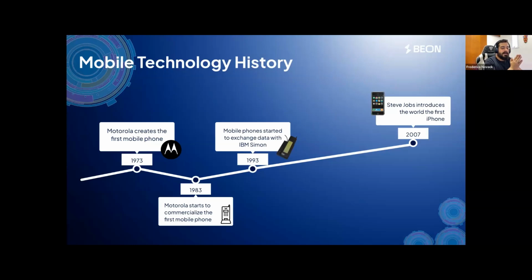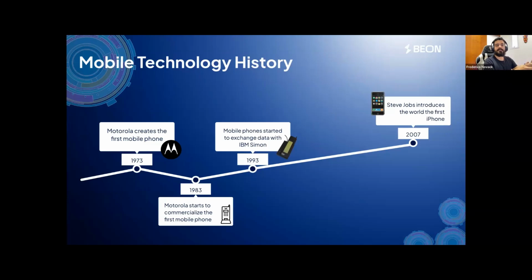That's when Motorola said, "Hey, community, we made a telephone that you can use and it's not attached to any wire." And with a special radio frequency, you can communicate with any other endpoint in the world.